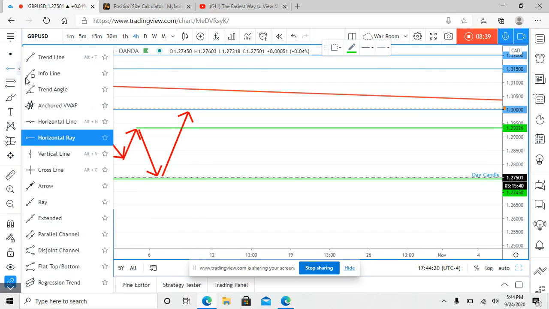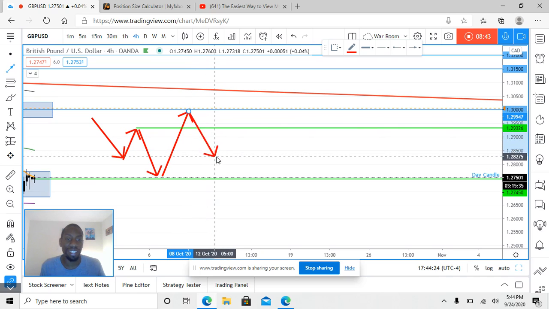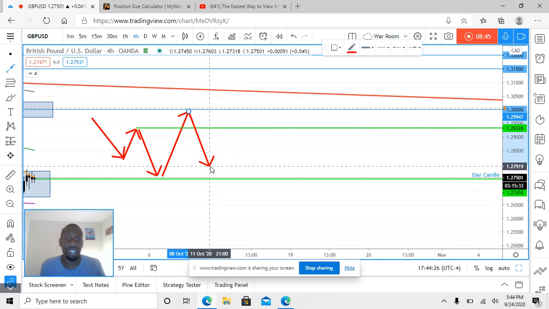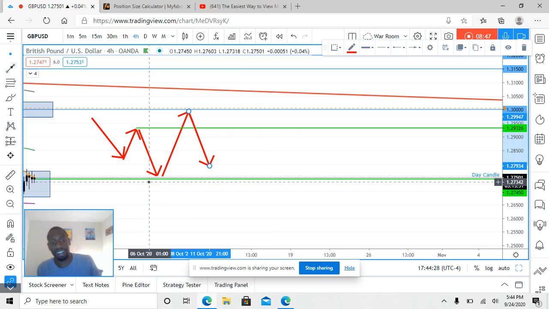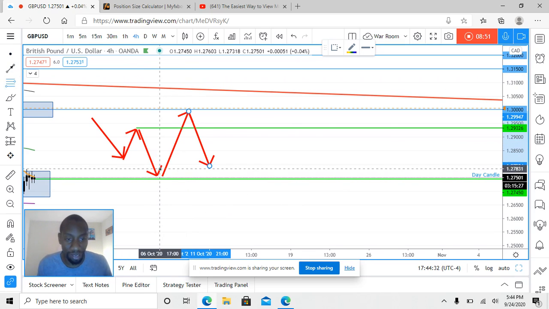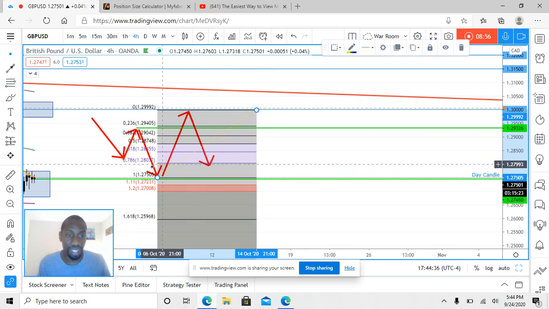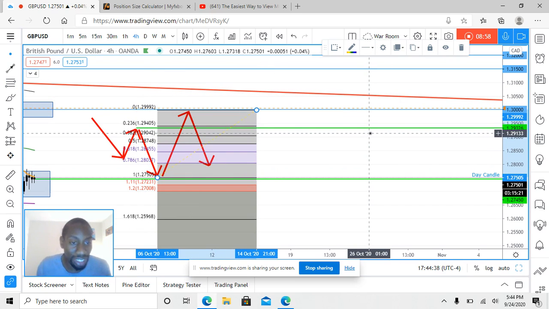So we're looking for the market to pull back. Say it pulled back right there. What is that on the FIB? Let's see. A nice 78.6 retracement right there. It stops right there.